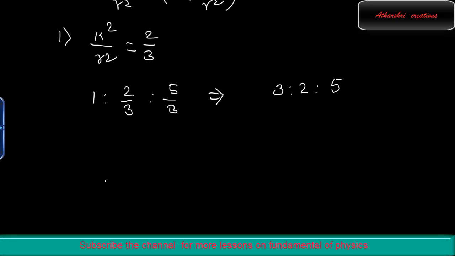See, the distribution of total energy is like this: 60% of its kinetic energy is translational and 40% is rotational. That means the division of total kinetic energy is 60% to the translatory and 40% to the rotatory. Okay, this is all about the rolling motion of the body.